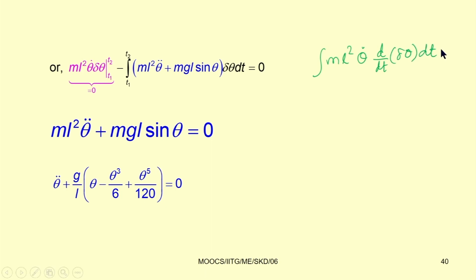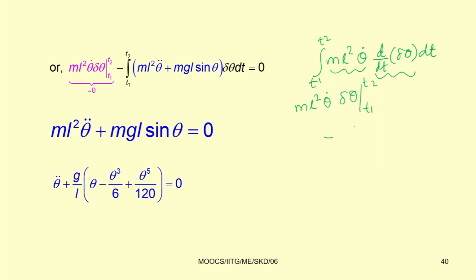Let us take this as the first part and this as the second part and do this integration by parts, from T1 to T2. The first part remains as it is, so you put m L square theta dot, and the integration of d by dt of delta theta dt becomes delta theta, from T1 to T2.